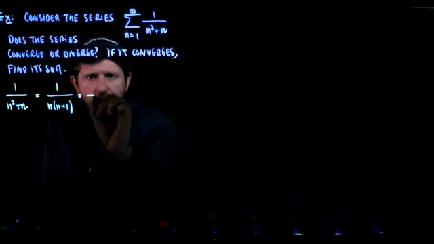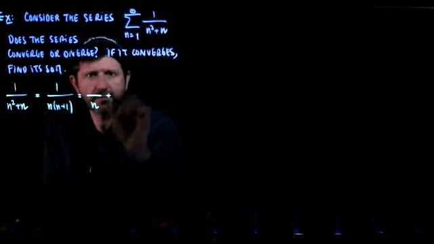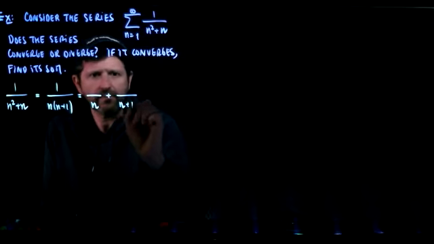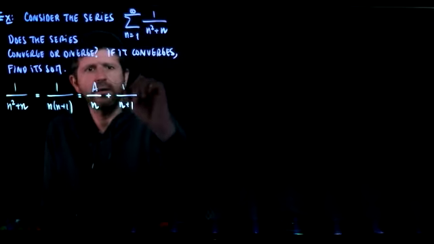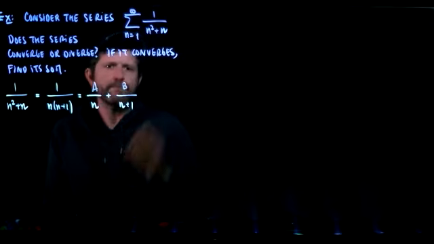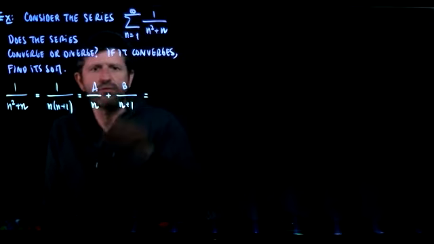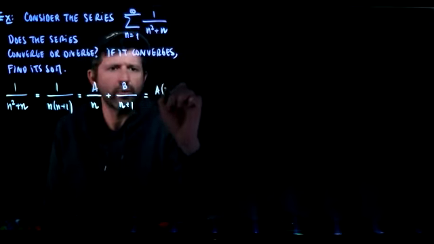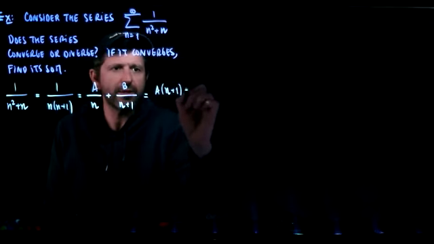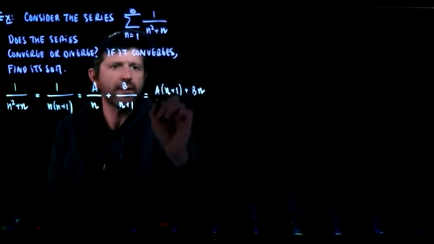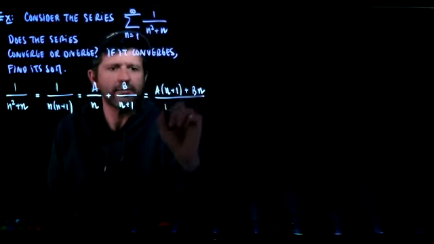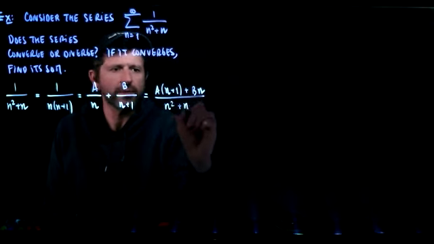Very nice. So let's do partial fractions: A over n plus B over n plus 1. Remember this. That's the same thing as finding the common denominator. I'm going a bit fast because you're good at this by now. A times n plus 1 plus B times n, and on the bottom I have n squared plus n.